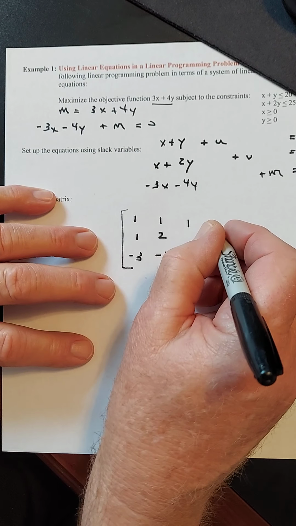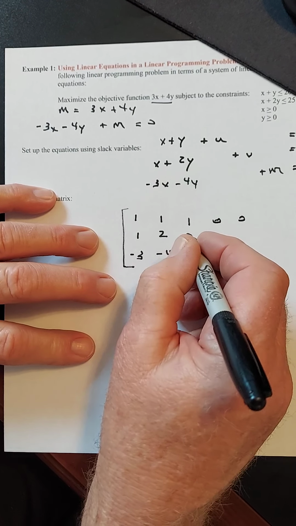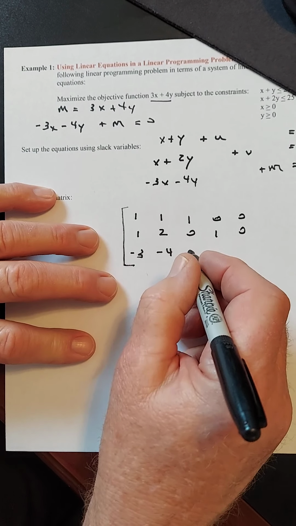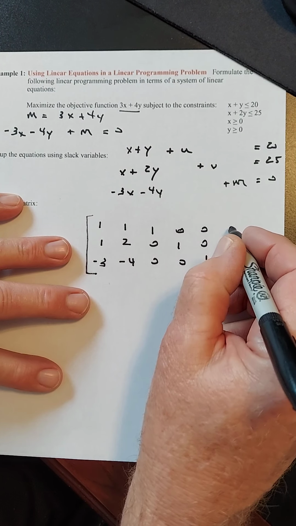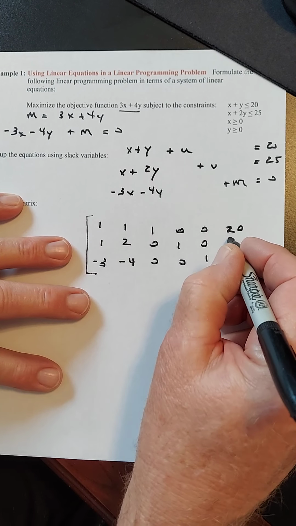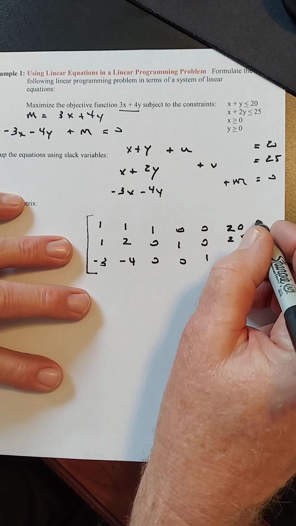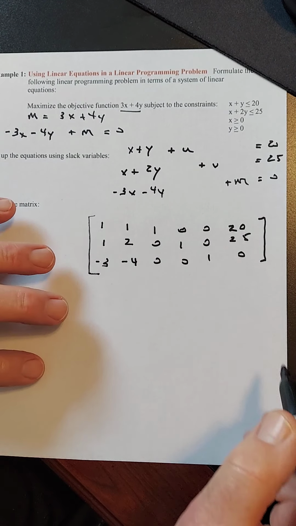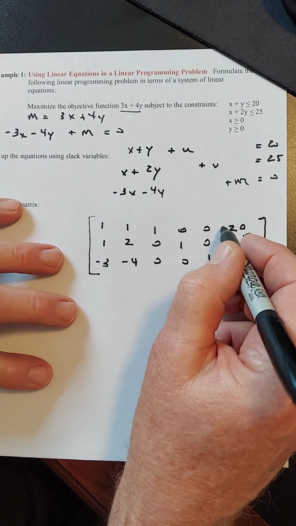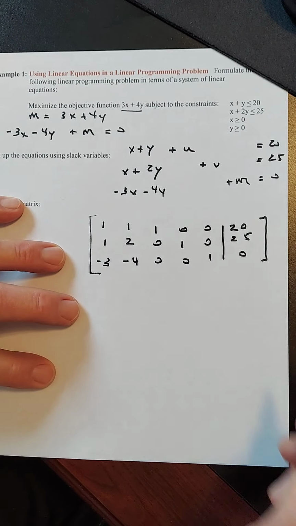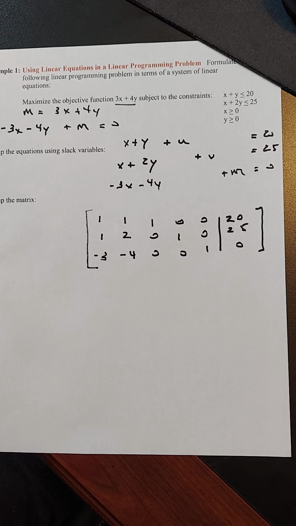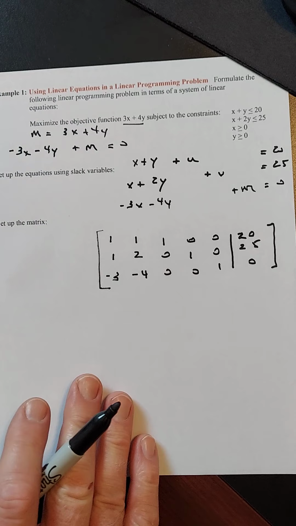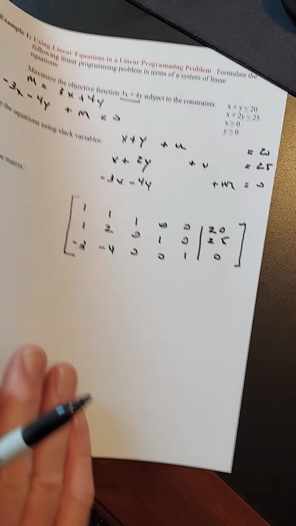So 1, 0, 0, 0, 1, 0, 0, 0, 1. And then your other numbers over here, 20, 25, and 0. Something this book does, I kind of understand, is they'll put a line down here. I rarely put that in, but if you want to put that, that's fine. It might help you understand as you're reading along. Okay, so that's all we had to do is set up the matrix. So we're in pretty good shape. Okay, let's see what's next.